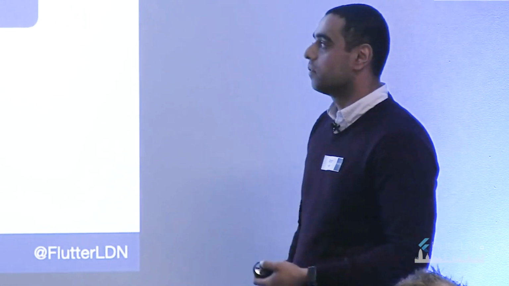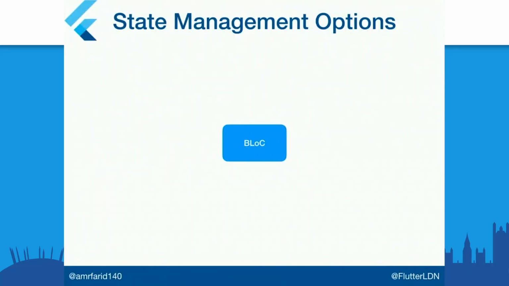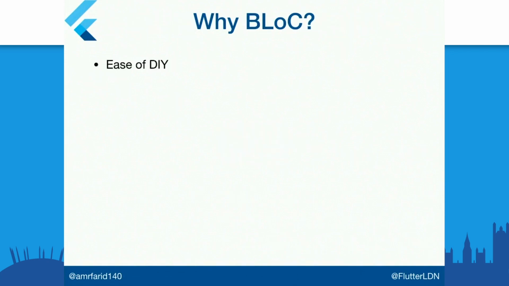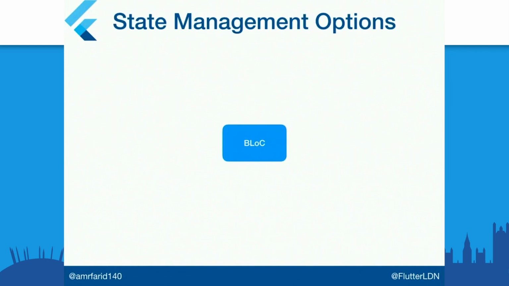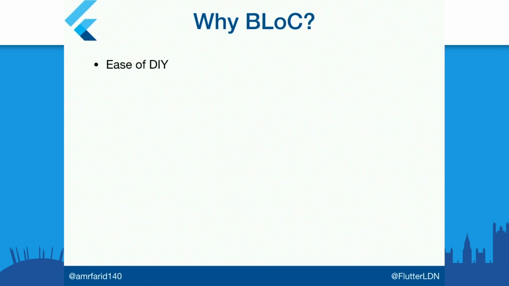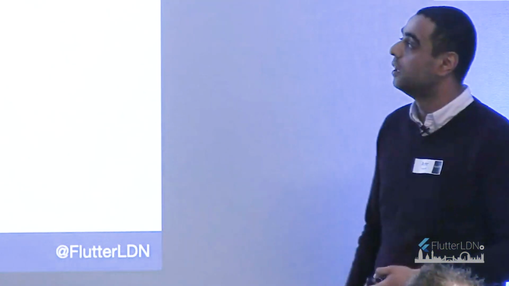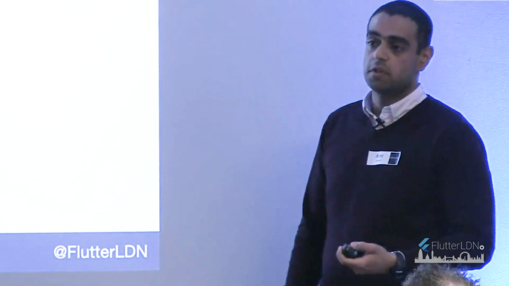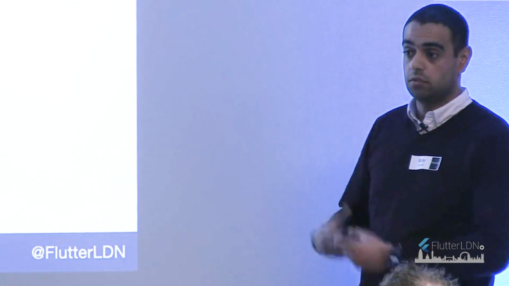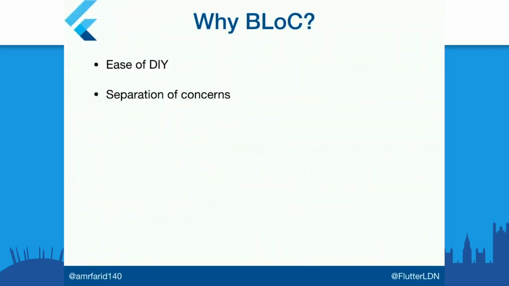What I opted for is BLoC, which basically stands for business logic component. The reason for using it is that it's easy to do yourself. You can use a third-party plugin to handle everything, but you can build it yourself. It's simple. It gives you separation of concerns out of the box, so you can do the state management in one bit, and the UI will handle drawing the UI.